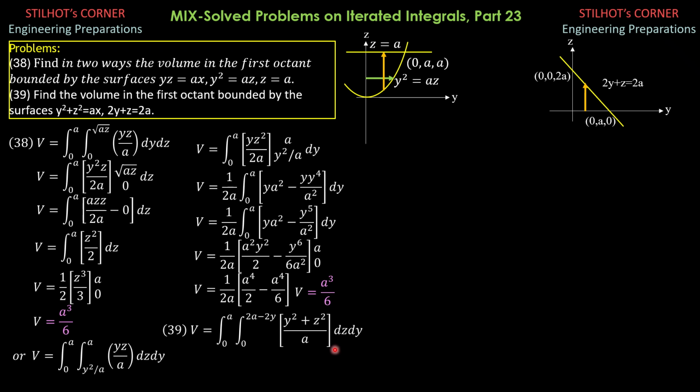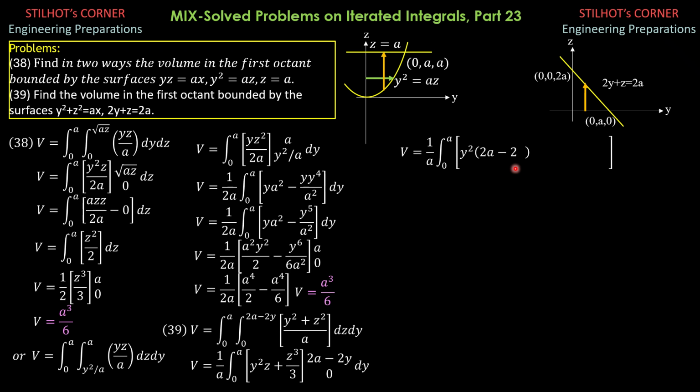So integrating with respect to z first, volume equals 1 over a integral 0 to a of quantity y squared z plus z cubed over 3 from 0 to 2a minus 2y, then dy. So substituting, volume equals 1 over a integral 0 to a, y squared times 2a minus 2y plus quantity 2a minus 2y cubed over 3, then minus the lower limit for z, everything is 0.